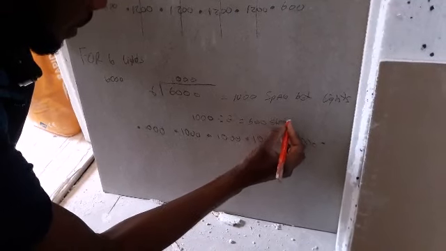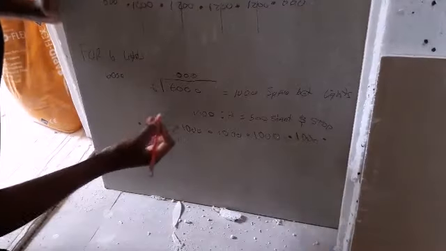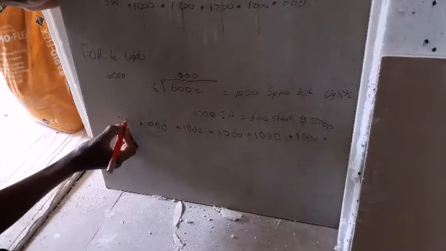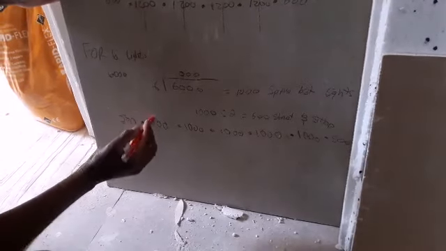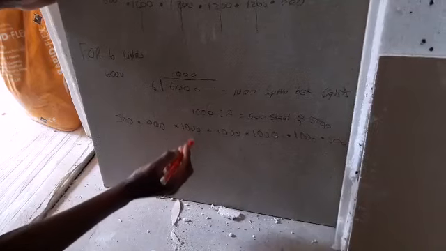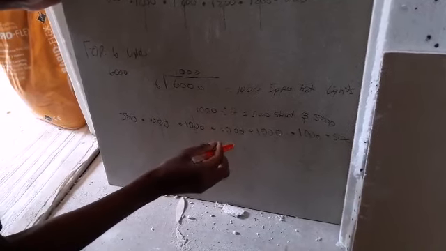Okay, so this is 500 here, 500 here. So that would be like the center illumination.